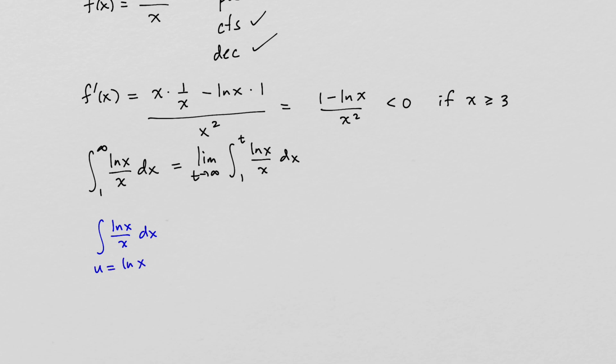We'll let u equal the natural log of x. du will be 1 over x times dx. And so this simply becomes the integral of u du, which is u squared divided by 2, which is the natural log of x quantity squared divided by 2.